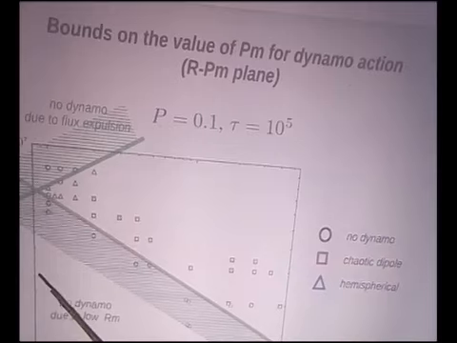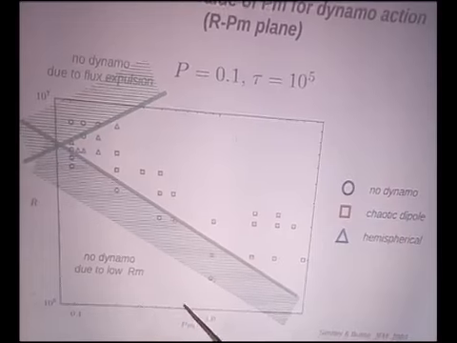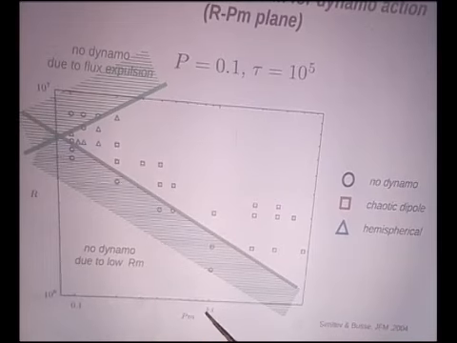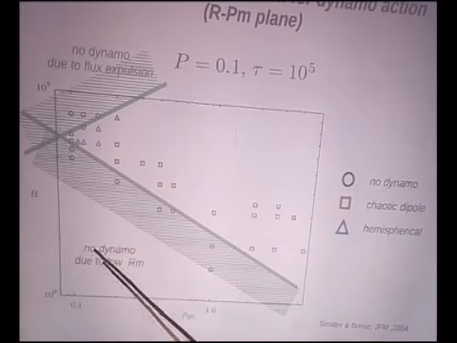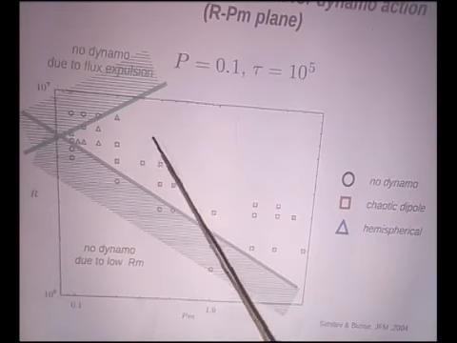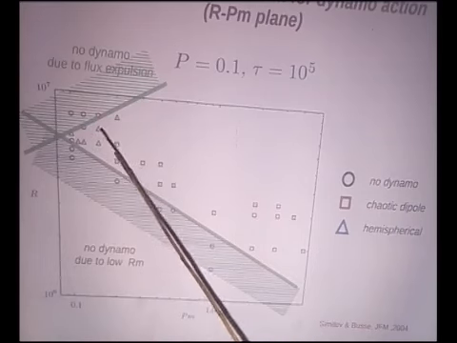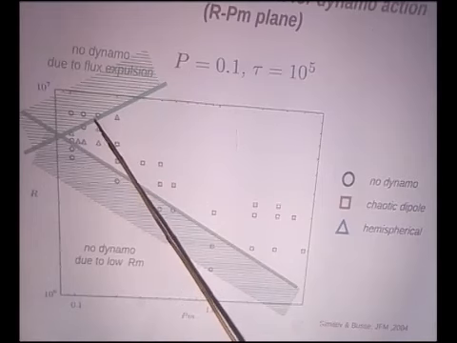I just want to mention that dynamos exist whenever you have strong enough convection given by the Rayleigh number here, and for very low magnetic Prandtl numbers you have difficulties finding dynamos.